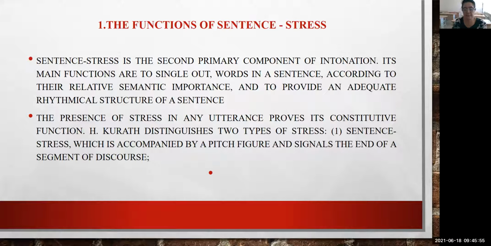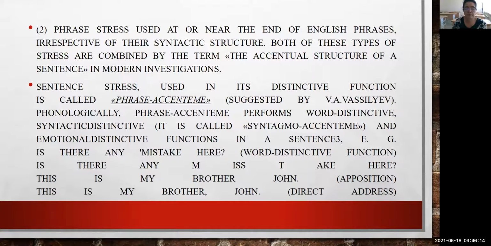Kuras distinguishes two types of stress. The first type is called sentence stress, which is accompanied by a pitch figure and signals the end of a segment of discourse. The second is called phrase stress, used at or near the end of an English phrase, irrespective of their syntactic structure.